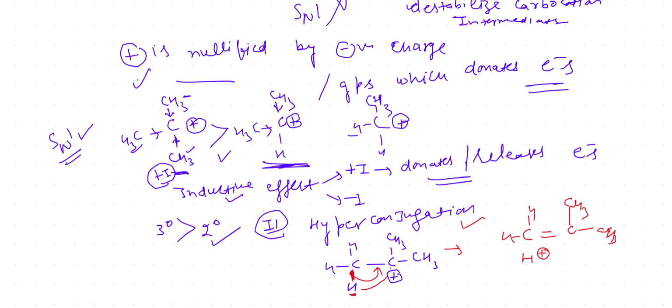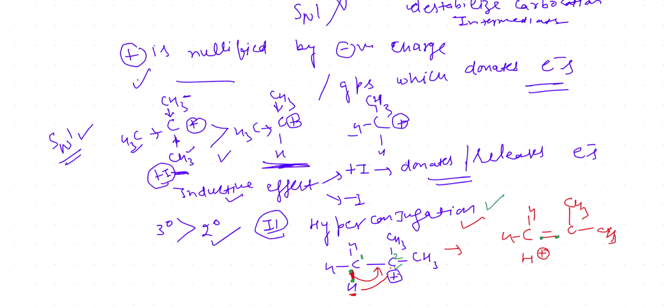I will use a different marker to represent the electron. Electron 1, electron 2. So this hydrogen will give its electron to carbon number 2. There will be formation of a pi bond, and the H will get positive charge. So there is no bond between carbon and hydrogen; this is also known as no-bond resonance. So hyperconjugation also stabilizes this carbocation.